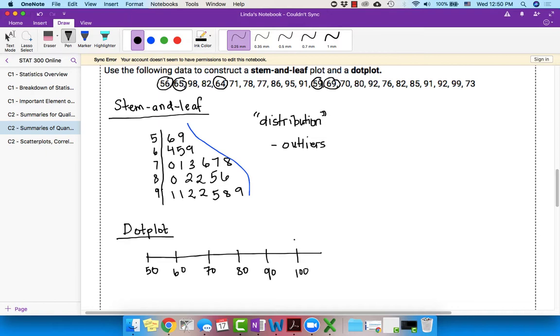Okay, and go ahead and plot a dot for each of the numbers. So as you can see here, I got 56, which is a little bit in the middle between 50 and 60. Then we have 65 and so on. So let me go ahead and plot the dots that I have pre-made. Each of the dots represents each of the data.